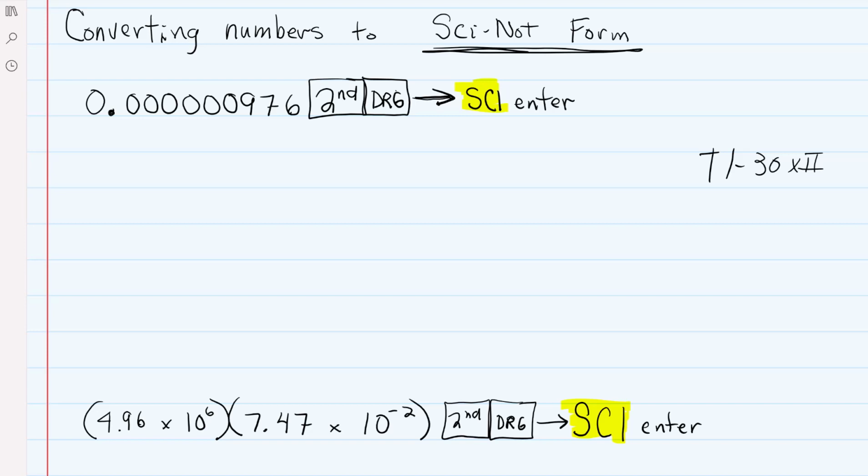And then when you do that, let me type that in right now. So we've got 0.000000976. My calculator has to be on first.